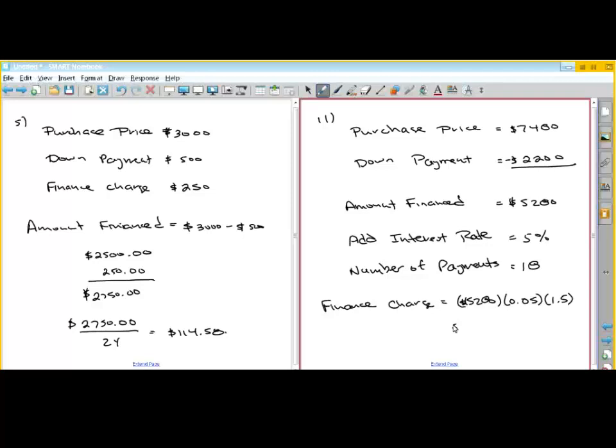I'm going to take 5280 times 0.05 times 1.5. So that gives me $396.